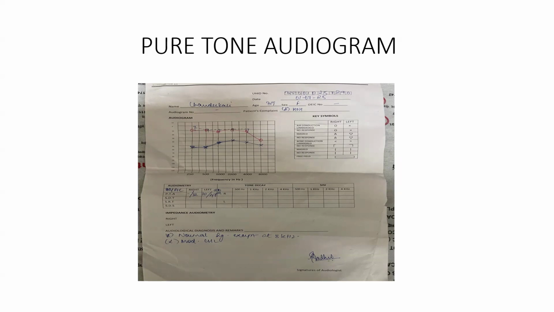Yes, sir. Sir, can you repeat the question, sir? Keeping the finding of the audiogram in mind, left ear, you think myringoplasty alone would be sufficient, or you will have to do ossiculoplasty also?